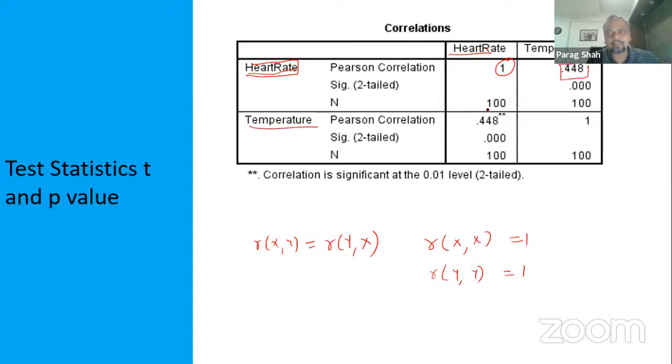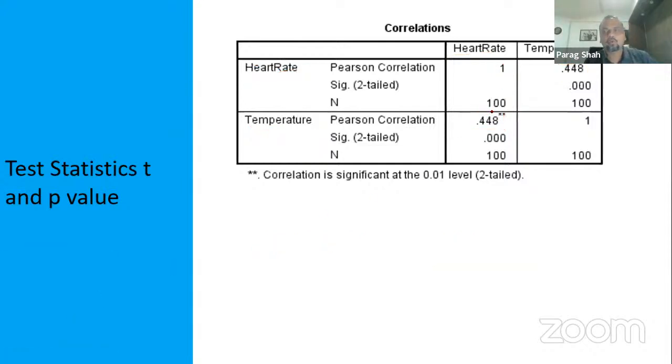Between temperature and heart rate it is 0.448. It is the same thing, right? So I'm getting a correlation between temperature and heart rate as 0.448. Now 0.448, you feel, is less than 0.5, so it is not a highly significant correlation.